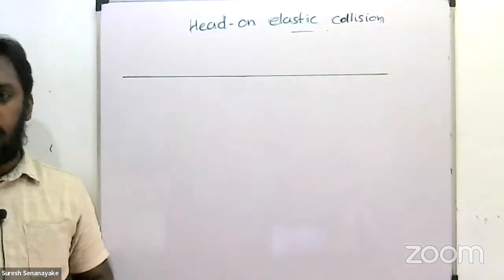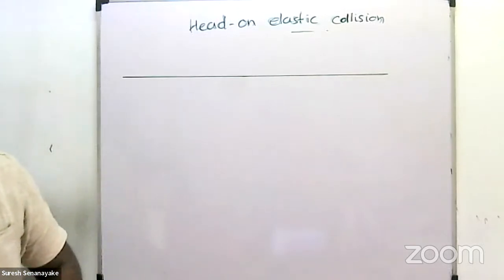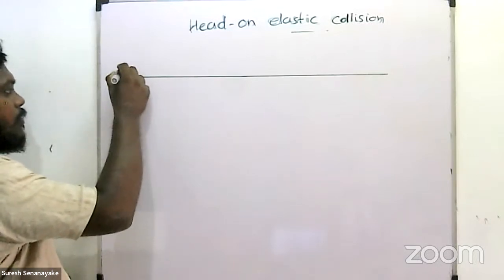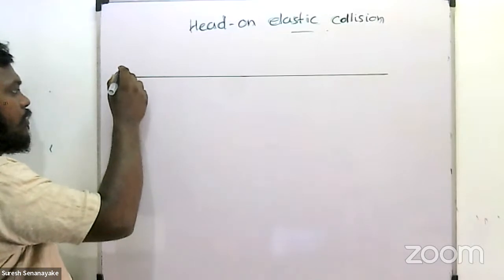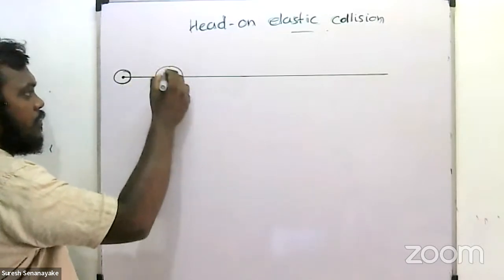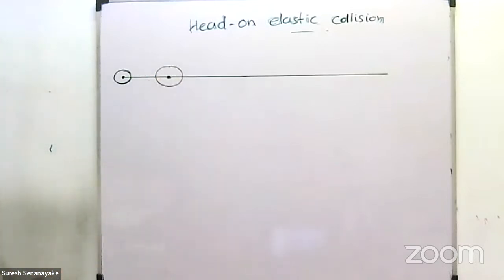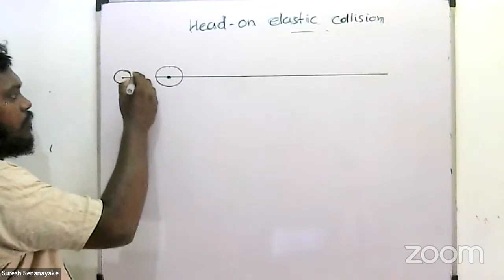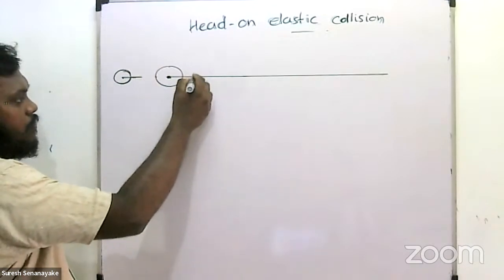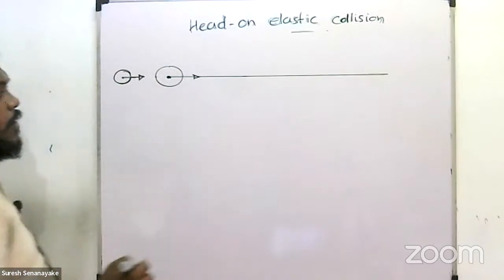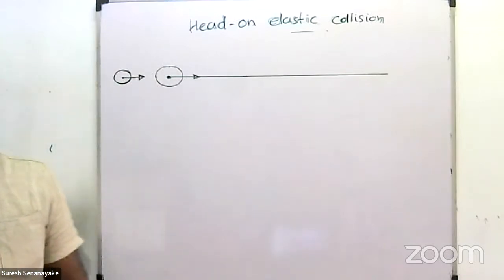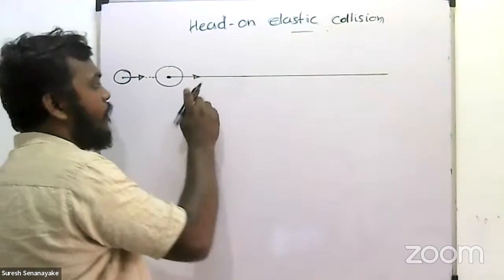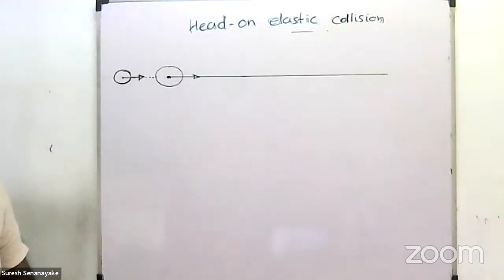Then write separately: consider two bodies of masses m1 and m2 moving with velocities u1 and u2.